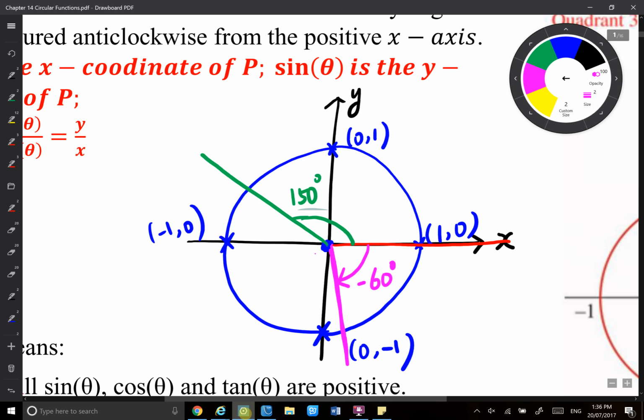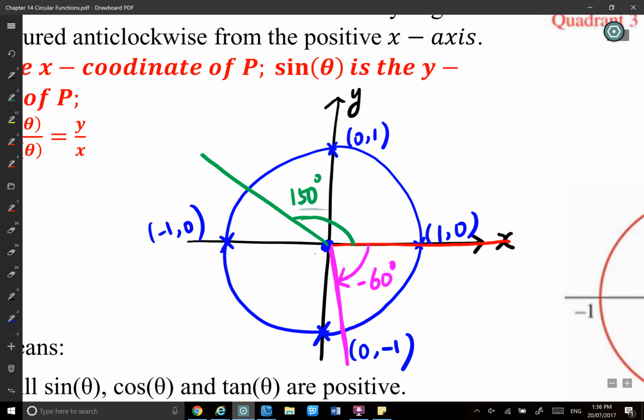We need to know how to sketch angles in the Cartesian plane. Now I want you to sketch another angle, 400 degrees. How do we sketch a 400-degree angle? From 0, turning around once is 360. How much more do I need to keep going? 40.